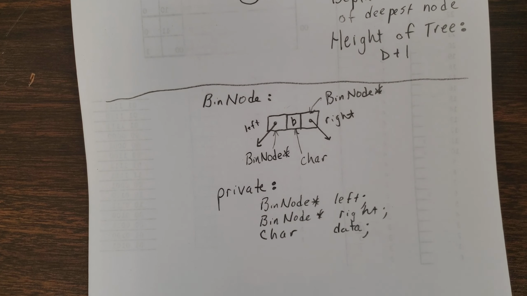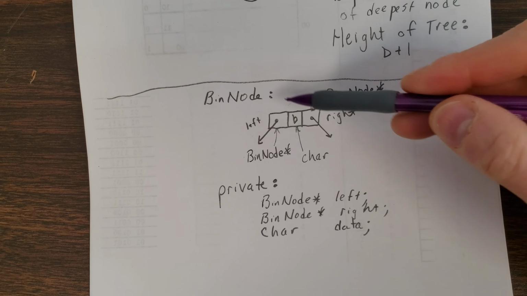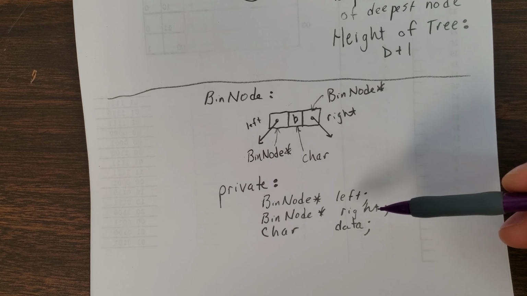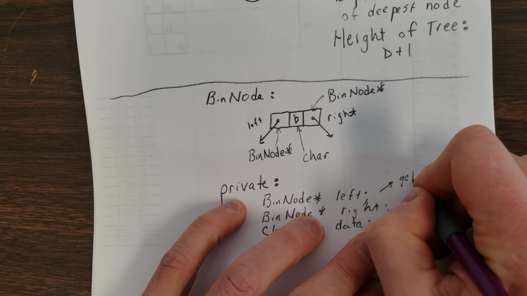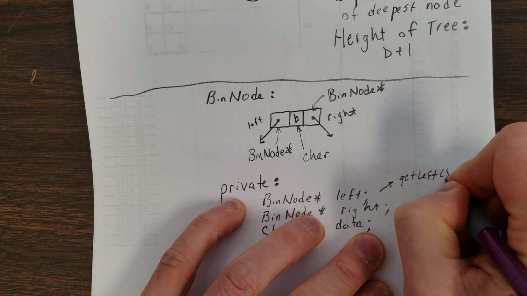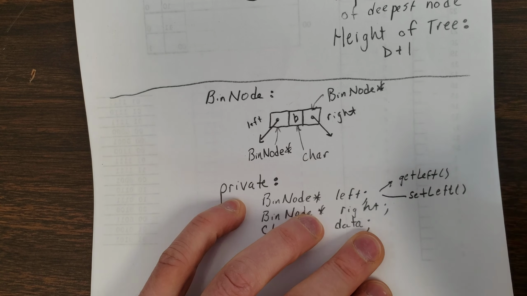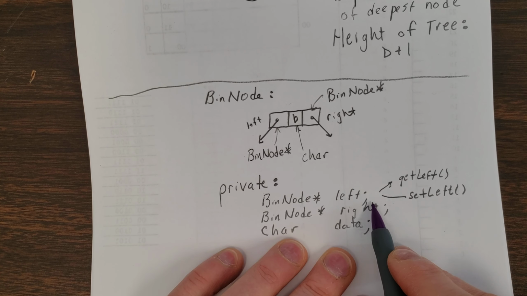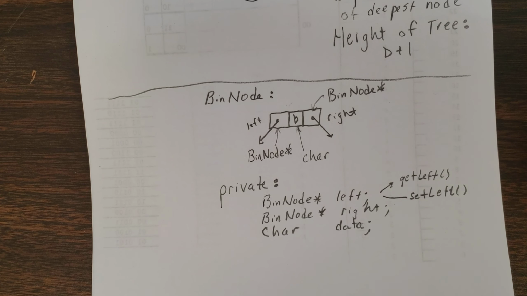What else are you going to have for a bin node? You're going to have a constructor. And you need to have a default constructor where this will be null, and then you choose probably the null character, which is 0, for this by default. And then for this, you're going to have a get left and set left. So you'd have get left, set left, get right, set right, and then get data, set data. But all of those will be very simple.